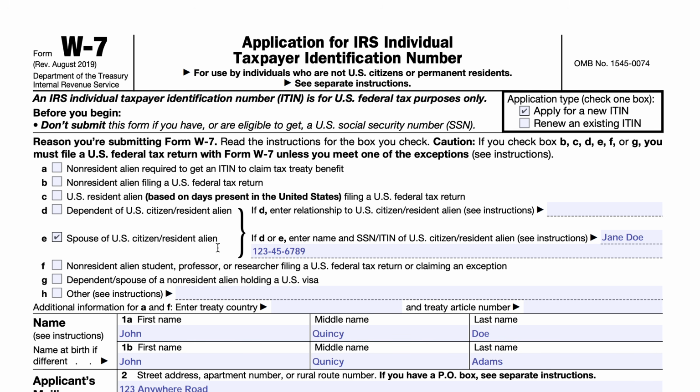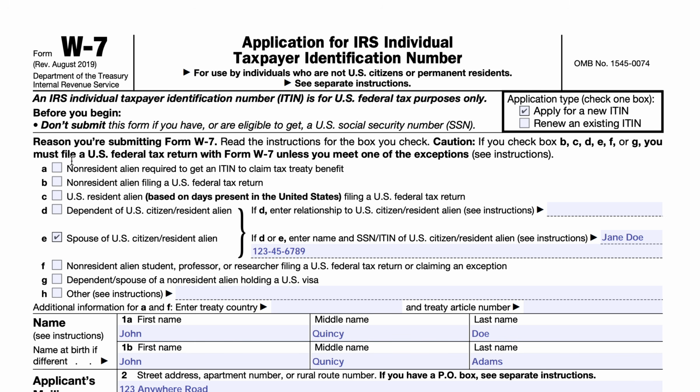There are exceptions listed in both the form instructions and in our article. The exceptions mean that if you check most of these boxes, you need to file a U.S. tax return with your Form W-7 unless you meet an exception.